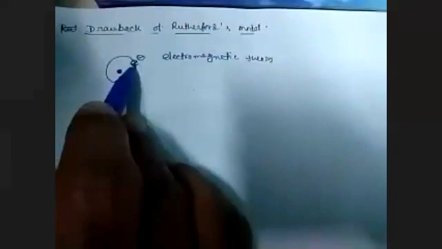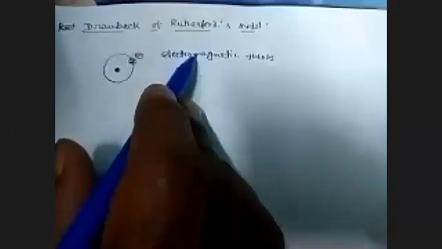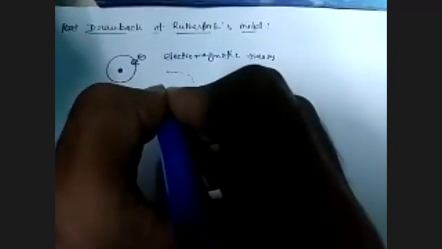Suppose the electron loses its energy continuously due to electromagnetic theory. It will release its energy slowly and continuously, and continuously it will be attracted by the nucleus.